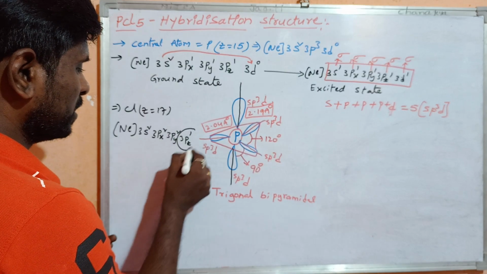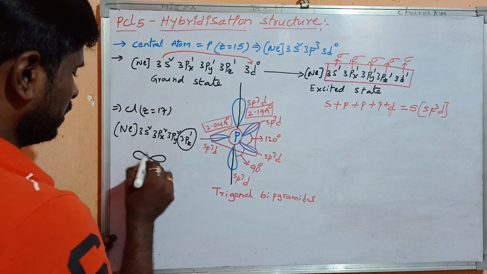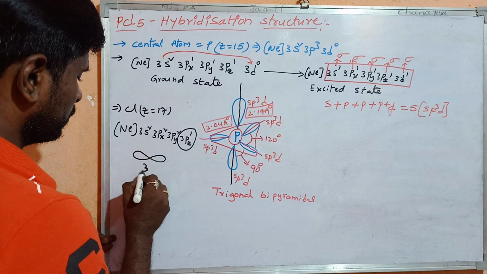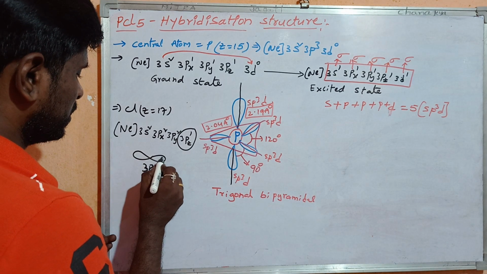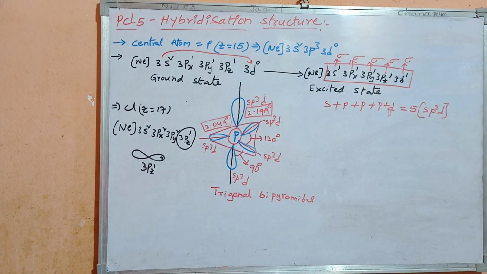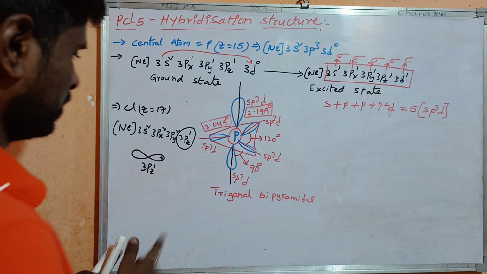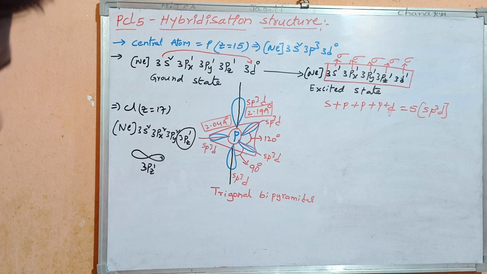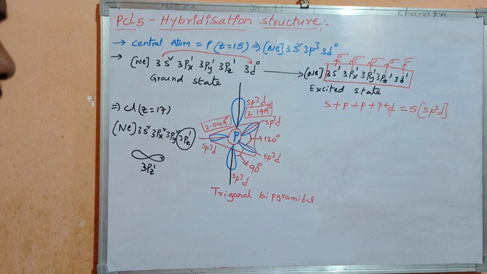Now this 3pz1 orbital is bonded with the sp3d hybrid orbitals of phosphorus.